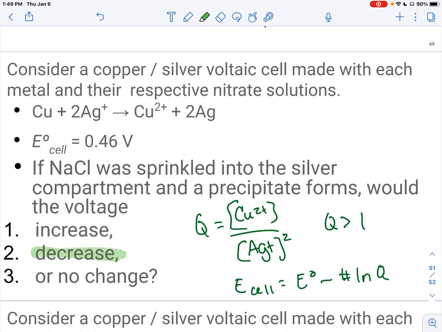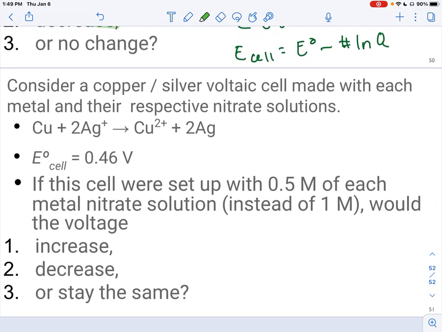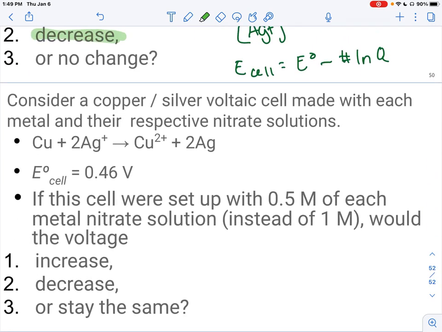And then this last question has to do with what I kind of alluded to a little bit ago, where here, if we set this up with 0.5 molar of each instead of 1 molar, what would happen to the voltage? Now, before we said it would stay the same because it was a 1-to-1 ratio. But here it's not a 1-to-1 ratio.